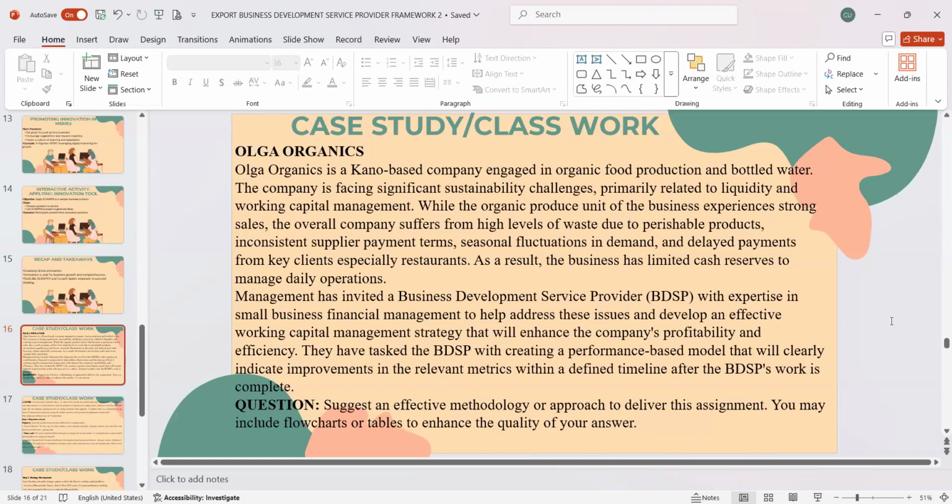So we have to design a simple template that can track growth, track sales, and track receivables or payments. It's almost like doing a kind of weekly sales performance monitoring.